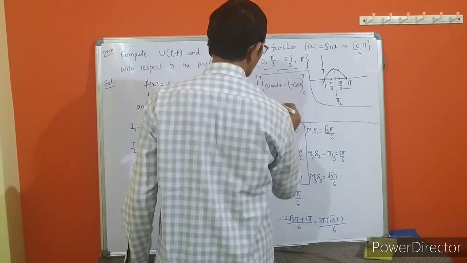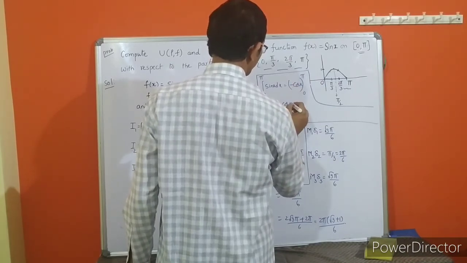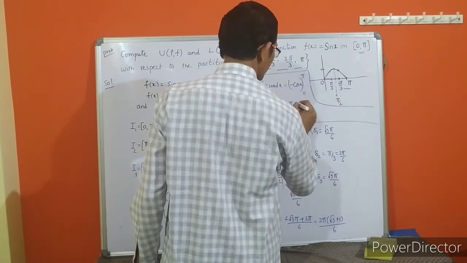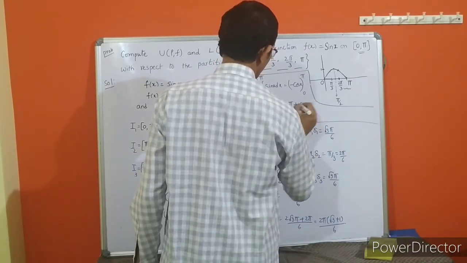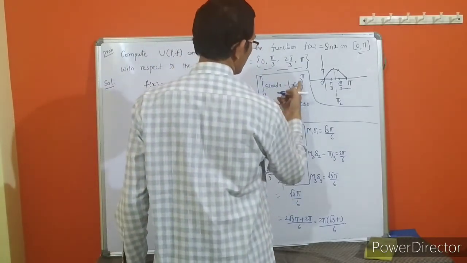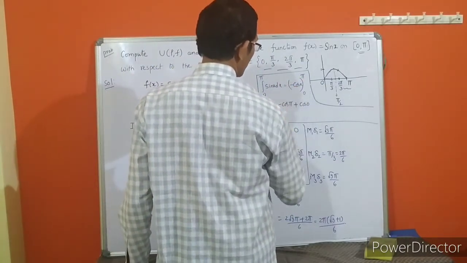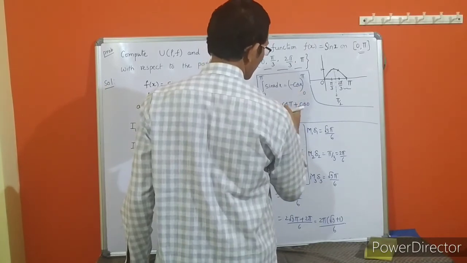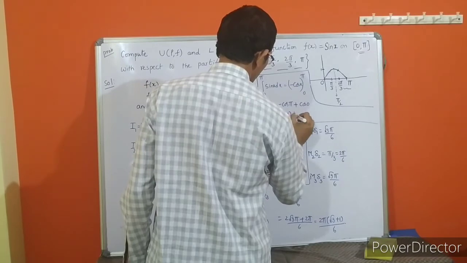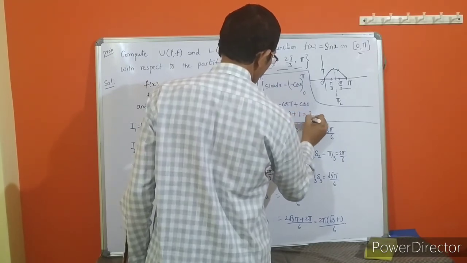So this is equal to minus cos pi plus cos 0, because for the lower limit you get minus of minus, plus. So cos pi is minus 1 and cos 0 is 1, so the total is 2.